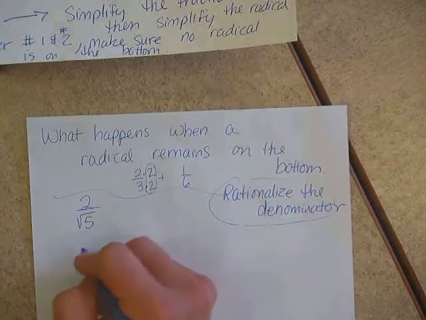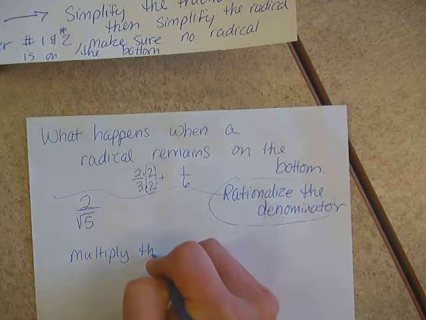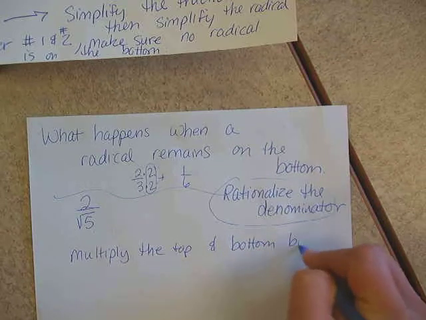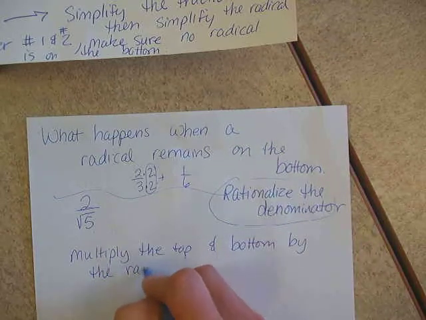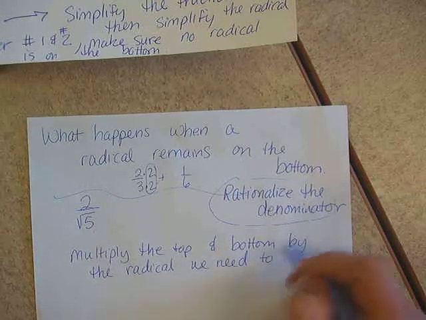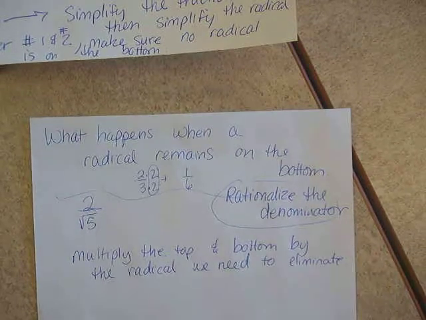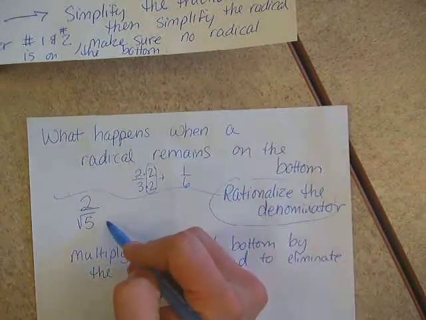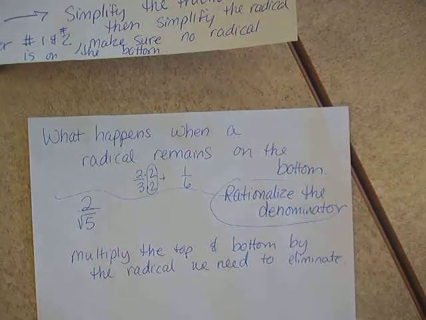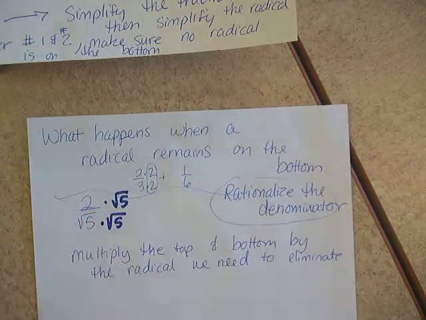You'll get used to that term the more we use it, but you're going to pick the fraction that you want to get rid of, the radical that you want to get rid of, and we're going to multiply the top and bottom by the radical we need to eliminate, because it's a form of 1.